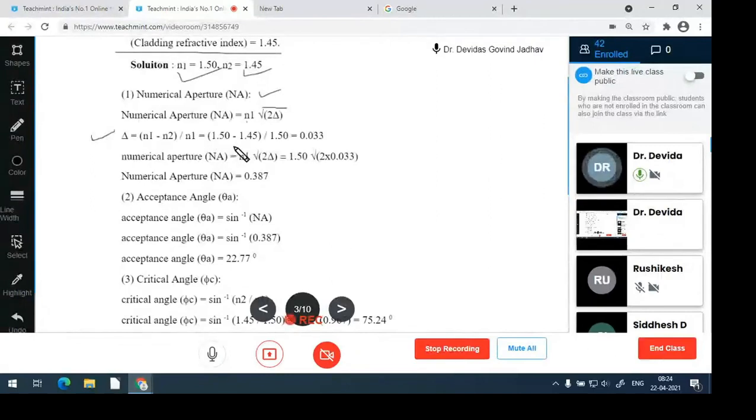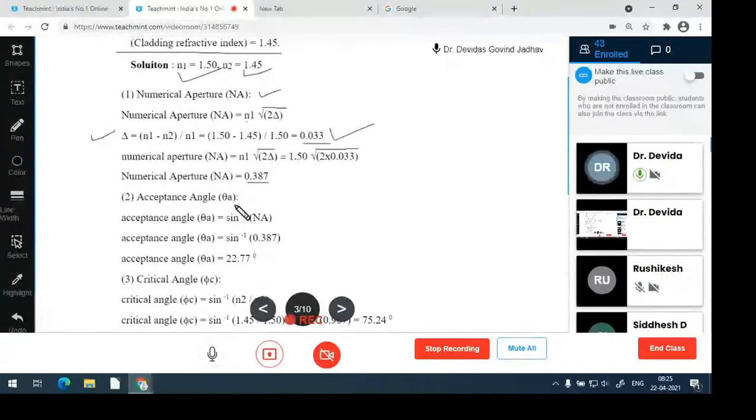So 1.5 minus 1.45 divided by 1.5 turns out to be 0.033 after calculation. The numerical aperture NA is N1 root of 2 delta, so 1.5 into root of 2 into 0.033. After calculation, this turns out as 0.387. So the numerical aperture is 0.387.